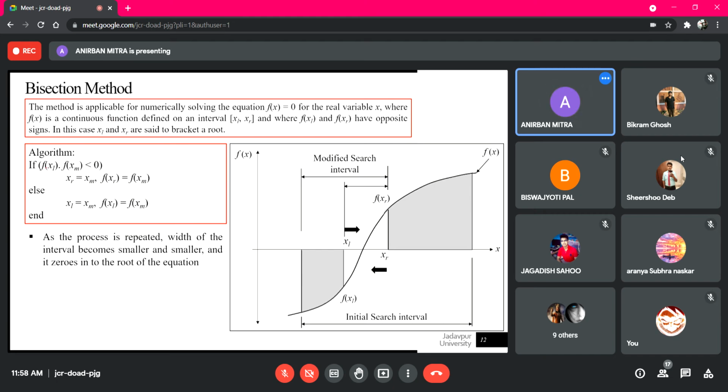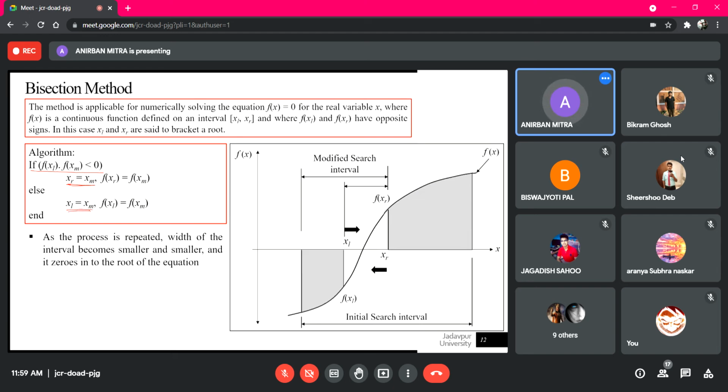That means at each of the steps, we need to check this condition. If it is satisfied, we will move one of the edges of the search interval, the right hand side here, and if it is not satisfied, then we'll move the left hand side of the interval.